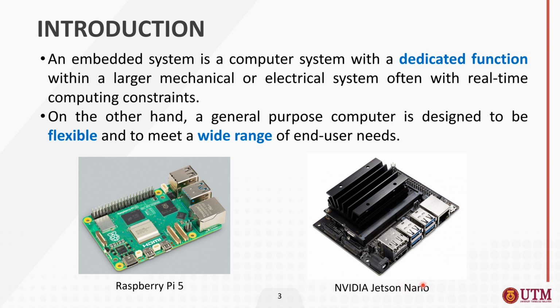On the other hand, NVIDIA Jetson Nano is an embedded system which is used for deep learning, image processing and so on. So that is the dedicated functions which has been designed specifically for the embedded system itself. Alright, so that is the differences between embedded system and also the general purpose computer.